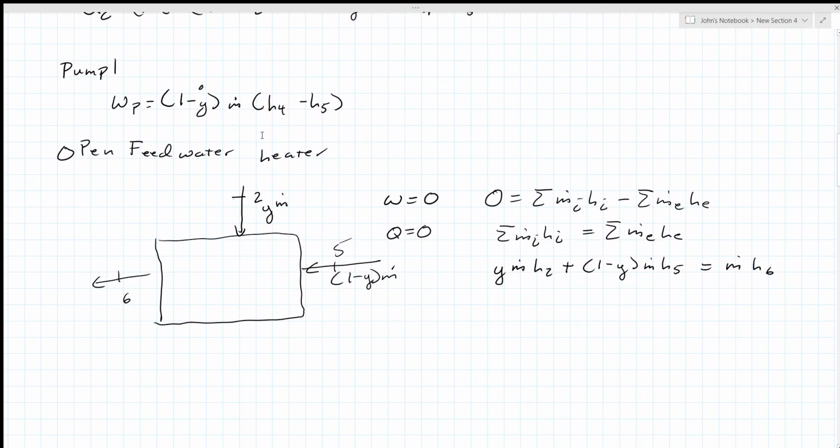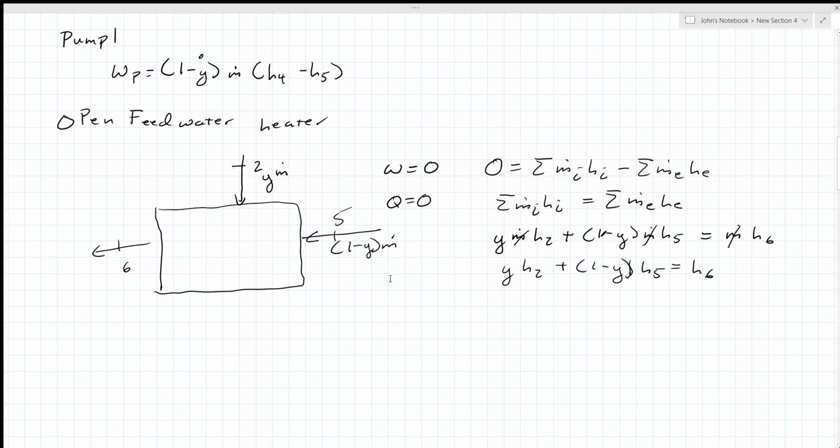So this mass flow rate cancels out, and I get y h2 plus 1 minus y h5 is equal to h6. Now, with this equation, you can determine the state point of h6, h2, or h5, or y, depending on what you are looking for in your problem.